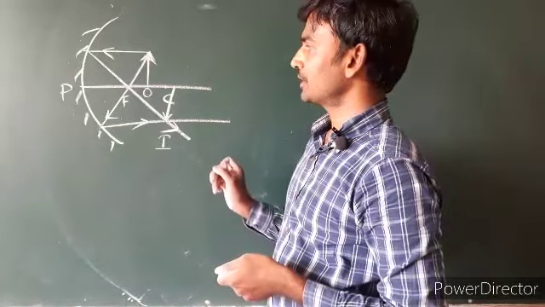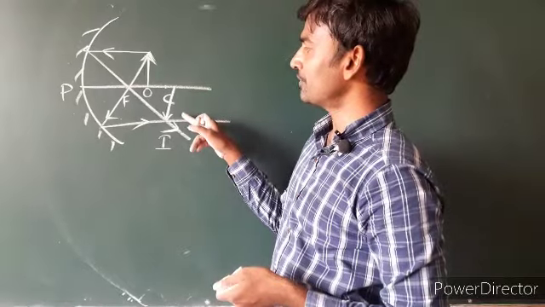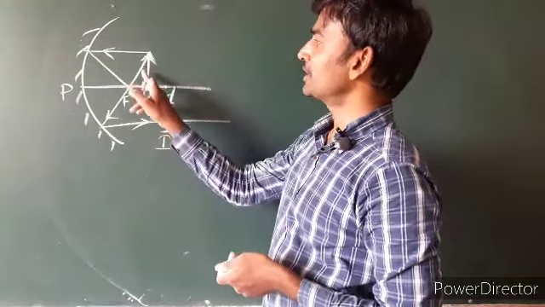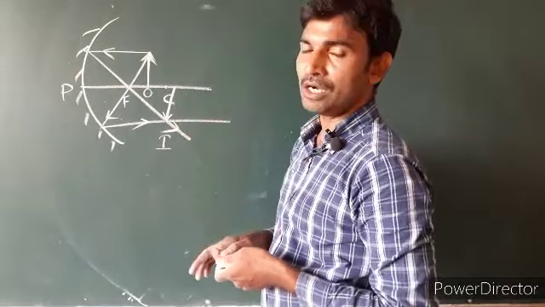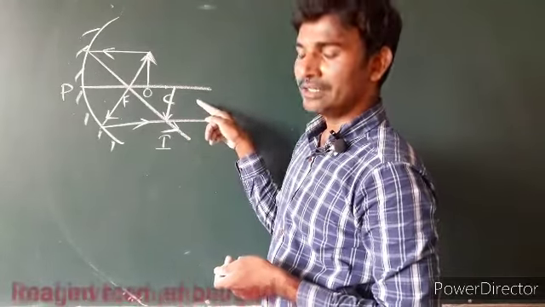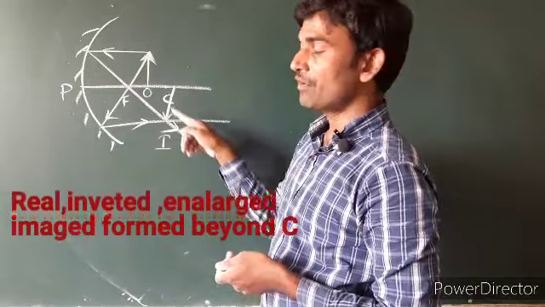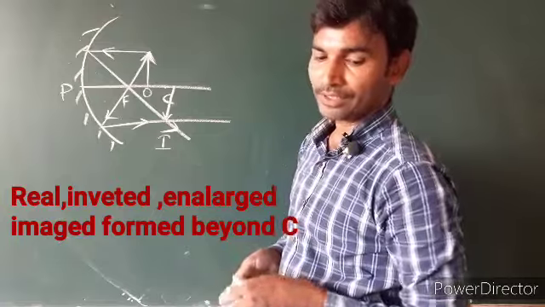We got a real image, an inverted image, and it is an enlarged image. The image is greater than the object, so this kind of image is called enlarged. Real, inverted and enlarged, and it is formed beyond center of curvature.